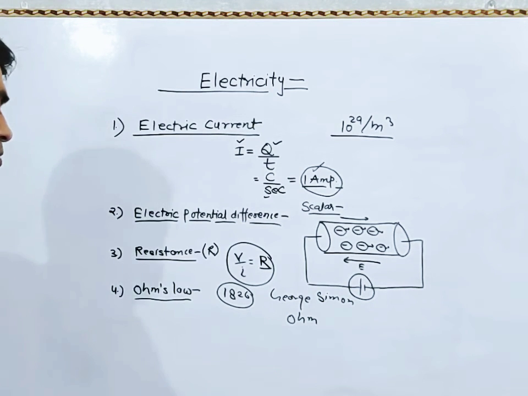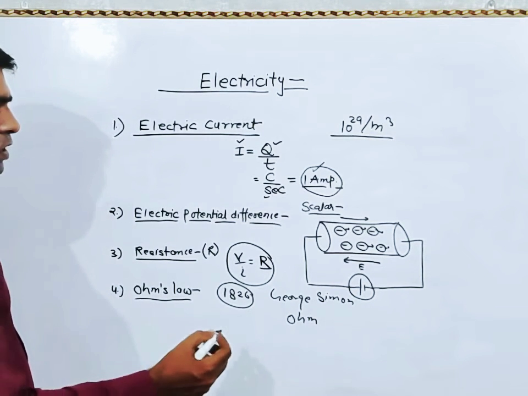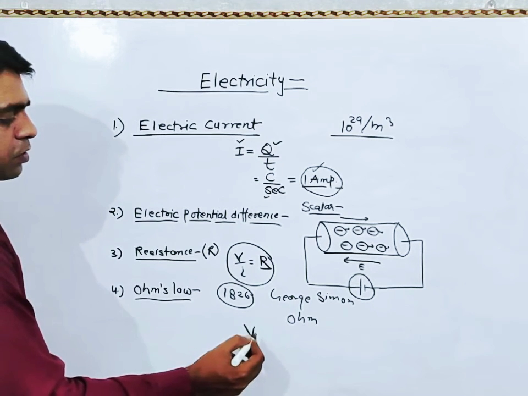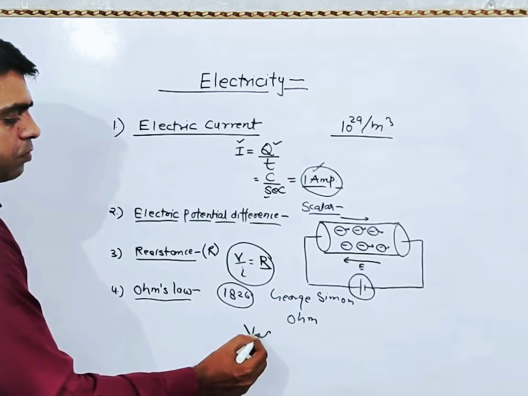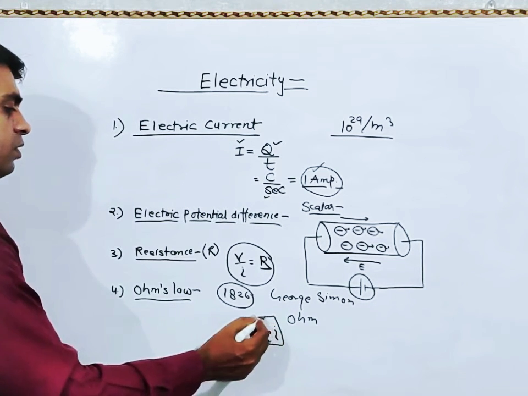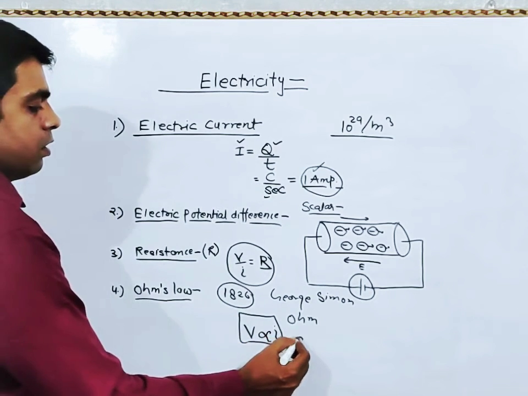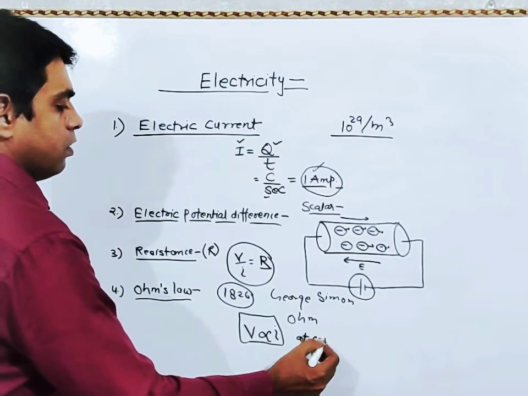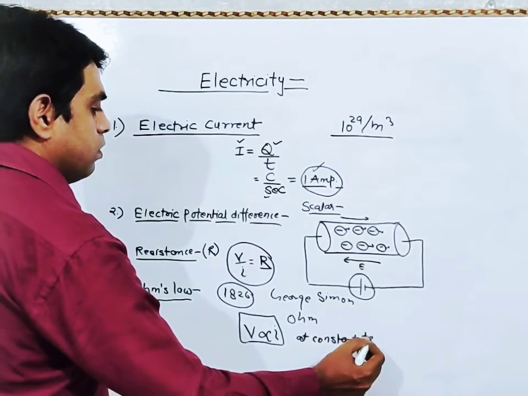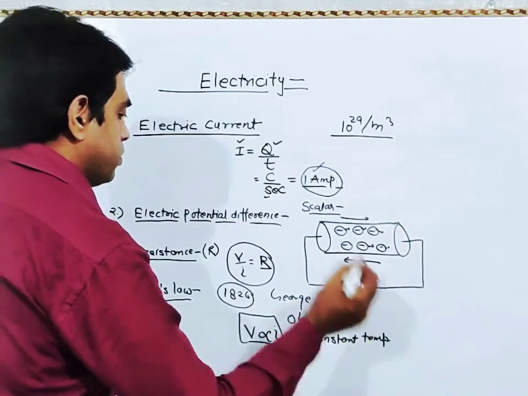So he established a theory in which he found that under the constant condition of the temperature, the voltage is directly proportional to what? Current, at constant temperature.